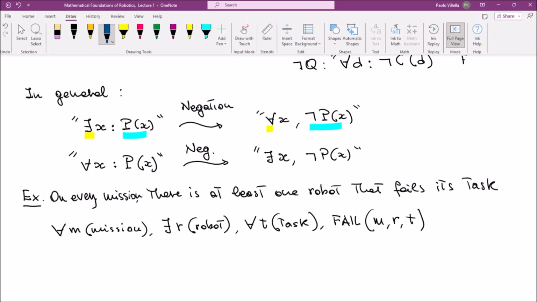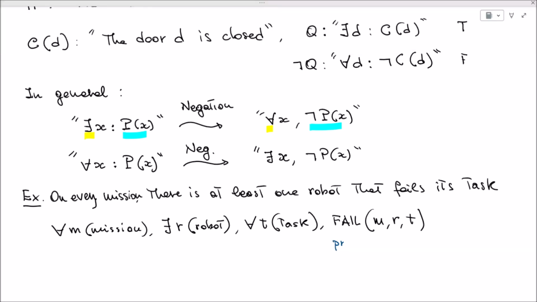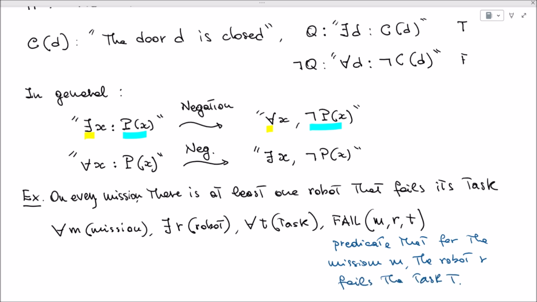This is just a predicate saying that for the mission M, the robot R fails the task T. Good.